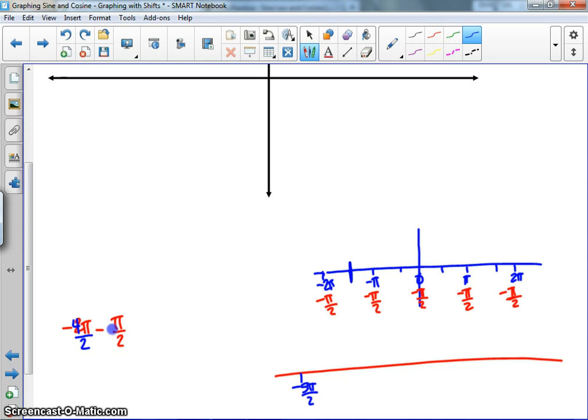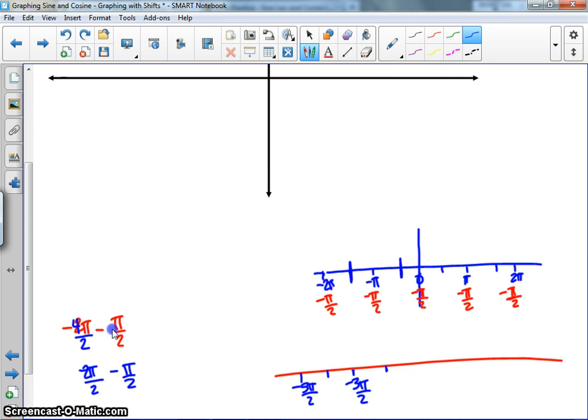And then I've got a dash right there. Now, negative pi minus pi over 2. If I get a common denominator and put a 2 in the bottom and a 2 in the top, that'd be negative 2 minus 1, which is just going to give me a negative 3 pi over 2. And then I've got a dash.